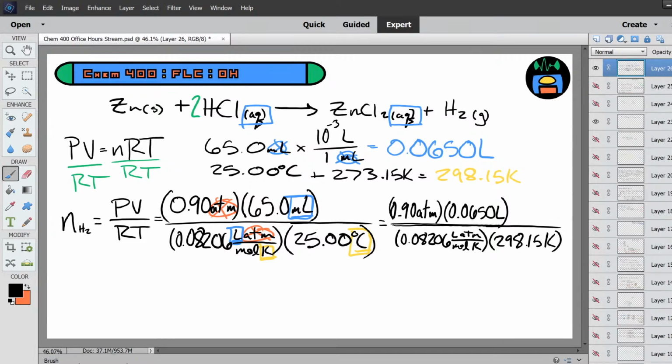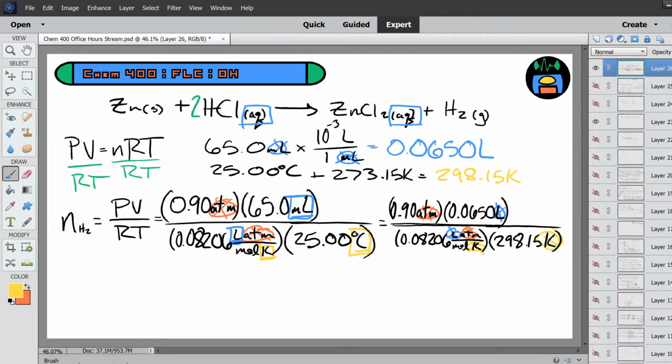Okay. Let's see. Atmospheres cancel, as we know they would. Liters, our volume units, now cancel, which is delightful, and our temperature units cancel as well, leaving us just with moles. So now we're good to crunch our numbers.